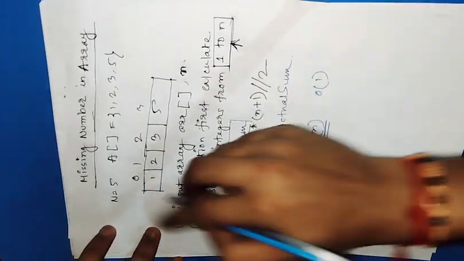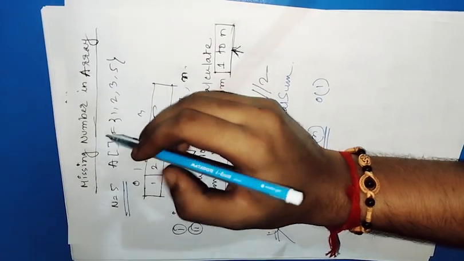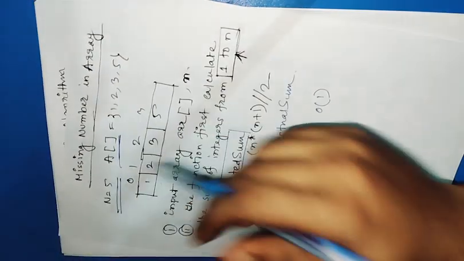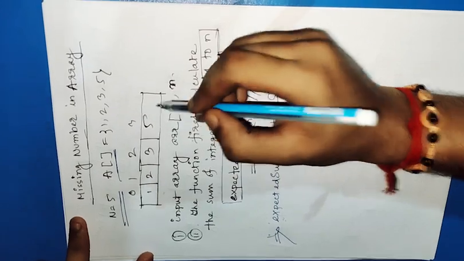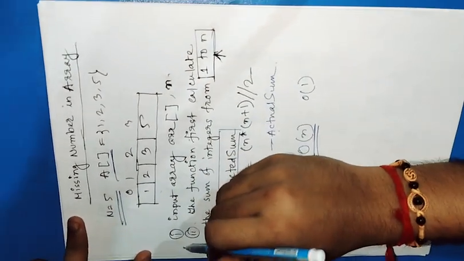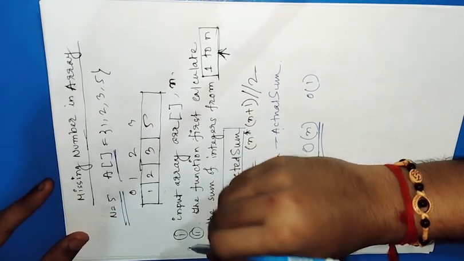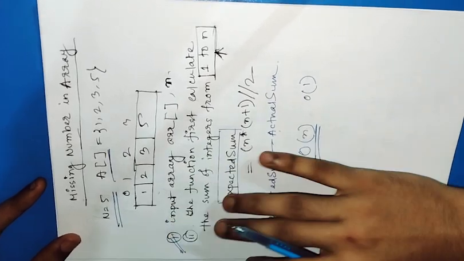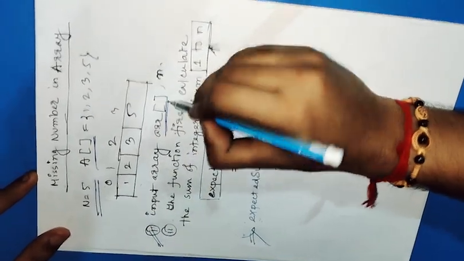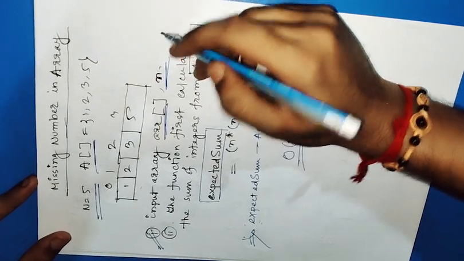Now again I repeat the whole thing. Here n equal to the length of the array. We need to find the missing number. First we create the function and take two arguments. First argument is array and second argument is length of the array.